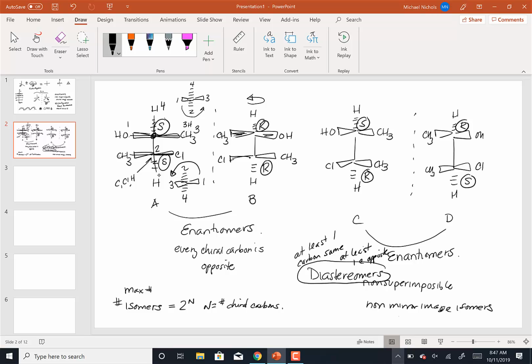That's what the diastereomers will be. And why do I say at least one? Because I want a rule that covers everything. So if I have 4 chiral centers, all I need is one to be the same and at least one to be different.